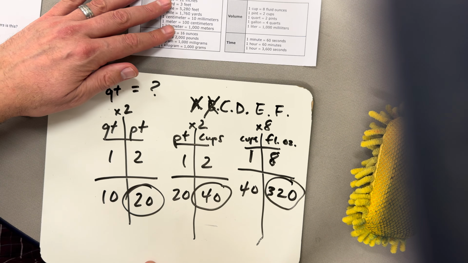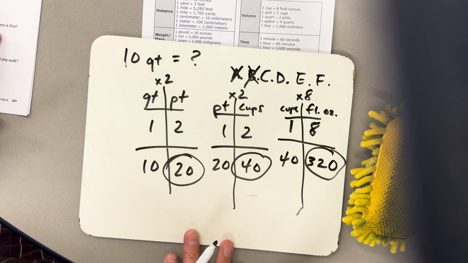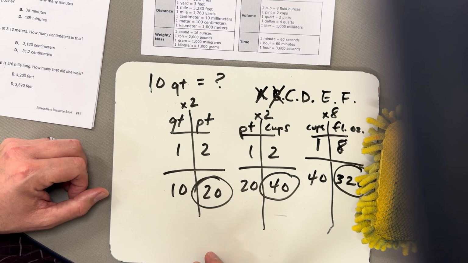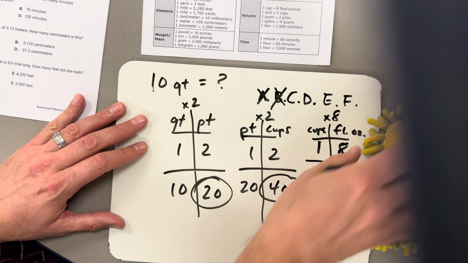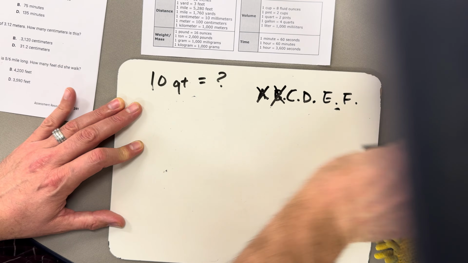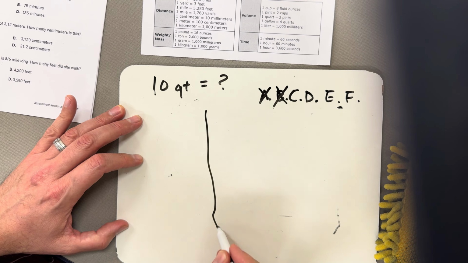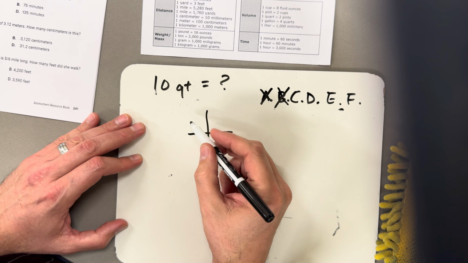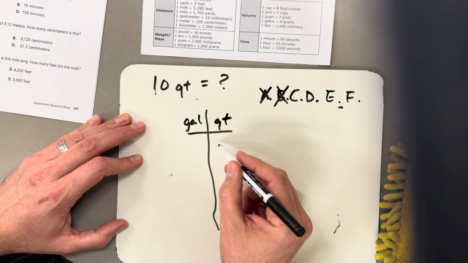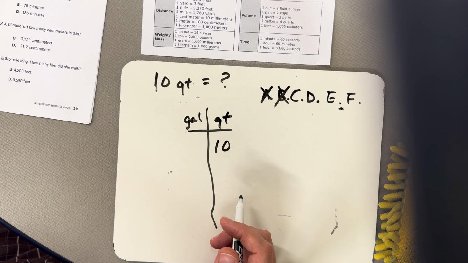If you have 10 quarts, this is where you'd have to go the opposite direction. And we're not really supposed to have to do that. But let's take a look and just make sure that E doesn't happen to be right. So let's see, we can say gallons to quarts, right? We know we have 10 quarts.